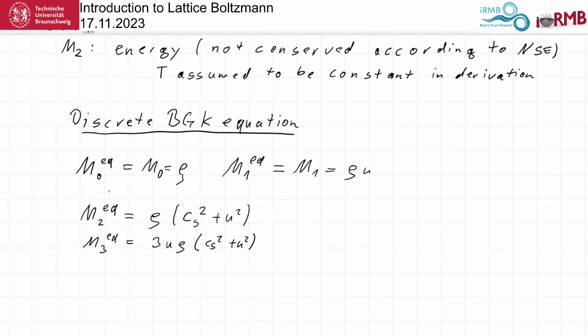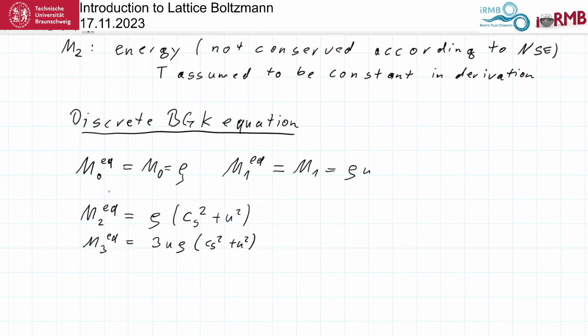I said I derived this. You derive it by taking the Boltzmann distribution, which looks like a Gaussian distribution, and taking the integral at the third order moment, and this drops out. This is not necessarily that easy by hand, so I use a computer algebra system, and this is what comes out.